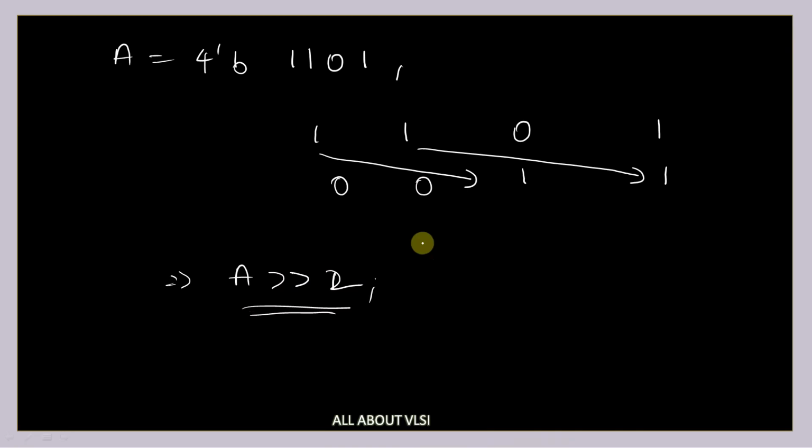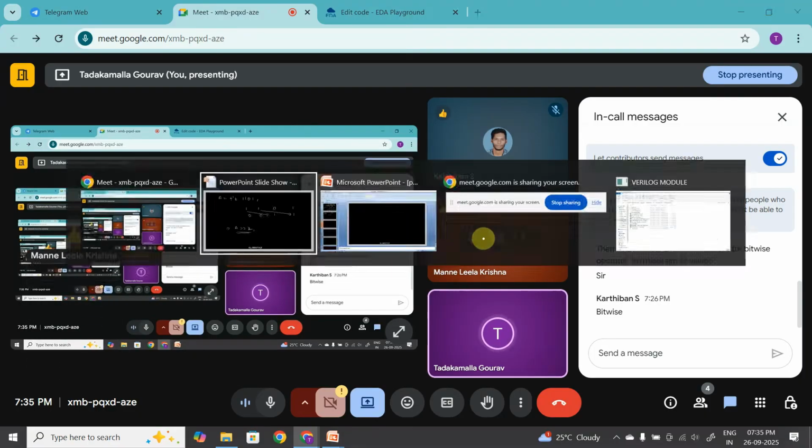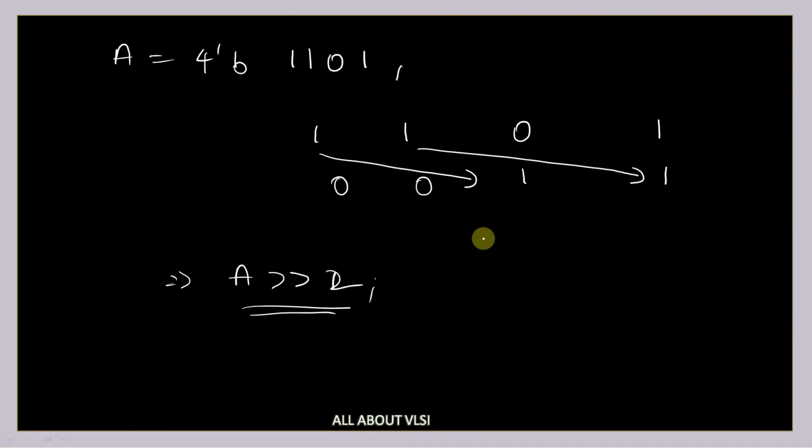Okay. So this is how you are going to perform a right shift operation or left shift operation. Is it clear? Any doubts or queries in this? In detail, we will take one example and see your logical right shift and logical left shift operations, and the difference between arithmetic shift operators and logical shift operators, in our next session.